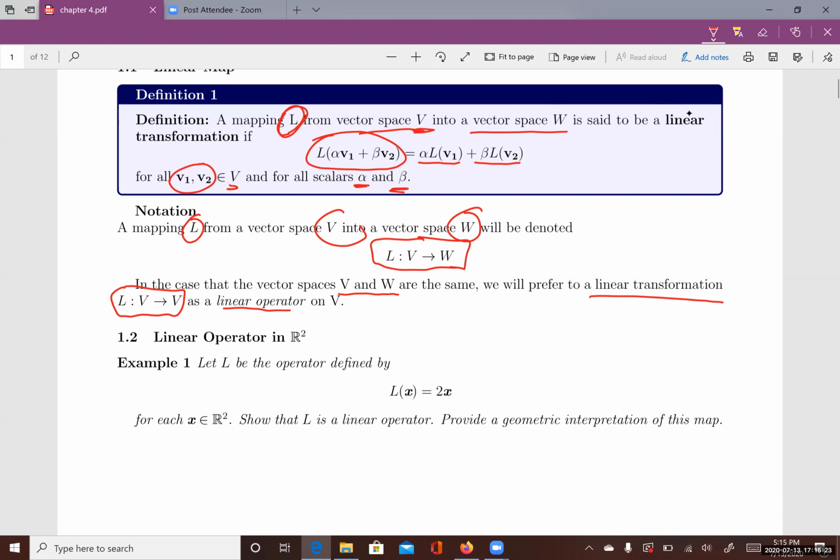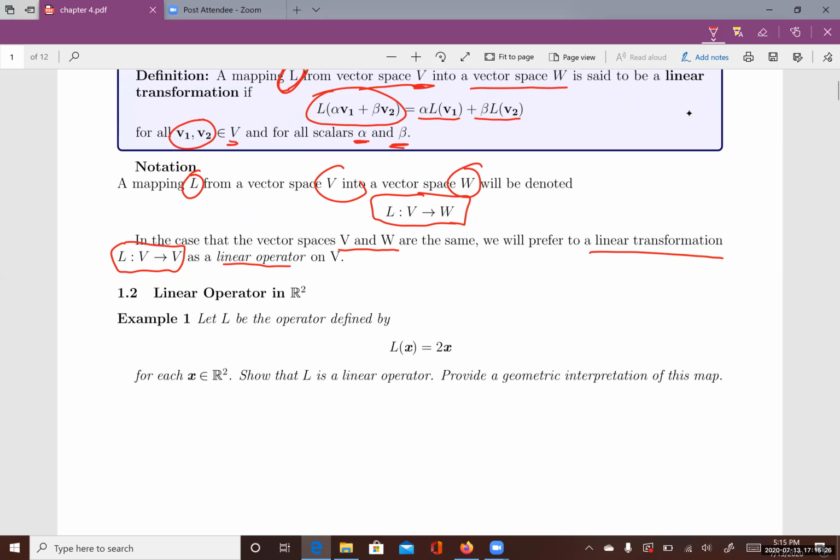Okay. For an example, let a map L be an operator defined by this description. This description means if you take any vector in R2 and you apply the map L onto this vector, you produce a vector that is 2 times as big as the original vector, 2 times x.